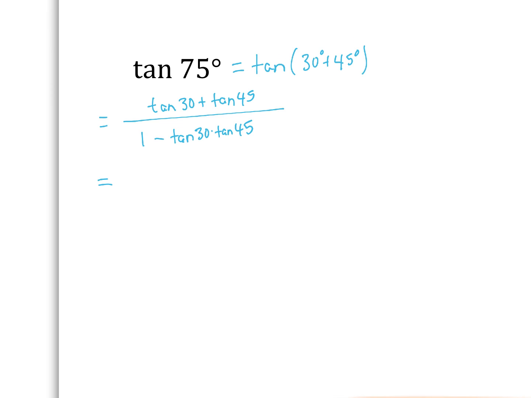Okay, so tangent of 30 degrees, we get 1 over the square root of 3, which you can leave that way. It gets messy though. So square root of 3 over 3, which is how we rationalize that, plus 1 all over 1 minus, then we multiply those two terms together, so we get another square root of 3 over 3.